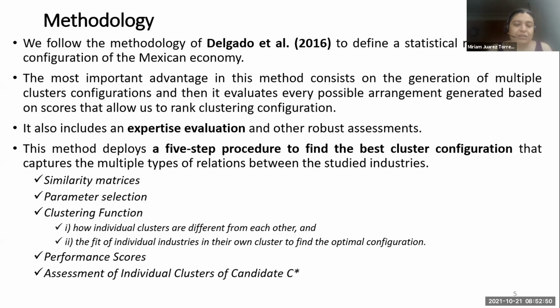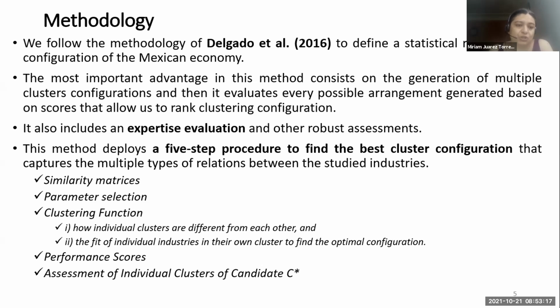So this method, broadly speaking, has 5 steps for finding the optimal configuration. The main idea of this methodology is to capture the multiple types of relationships between the industries that we are studying. In the first step, we use similarity matrices.